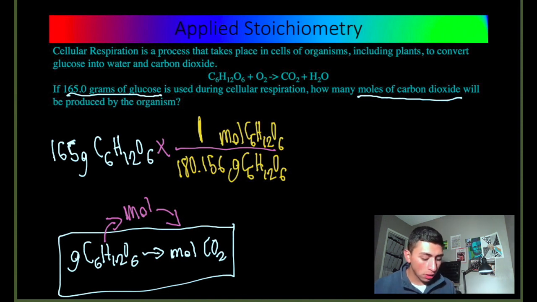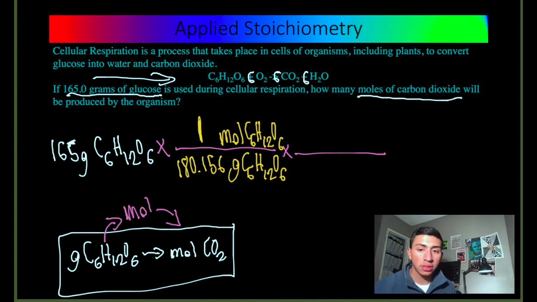Now that we have moles of glucose, we're allowed to do that simple mole to mole conversion. In order for you to do that mole to mole conversion, once again, as in the previous problem, we are required to balance this chemical equation up here. When you balance your chemical equation, you should be getting a coefficient of 6 in front of oxygen, a coefficient of 6 in front of carbon dioxide, and finally a coefficient of 6 in front of H2O or water.